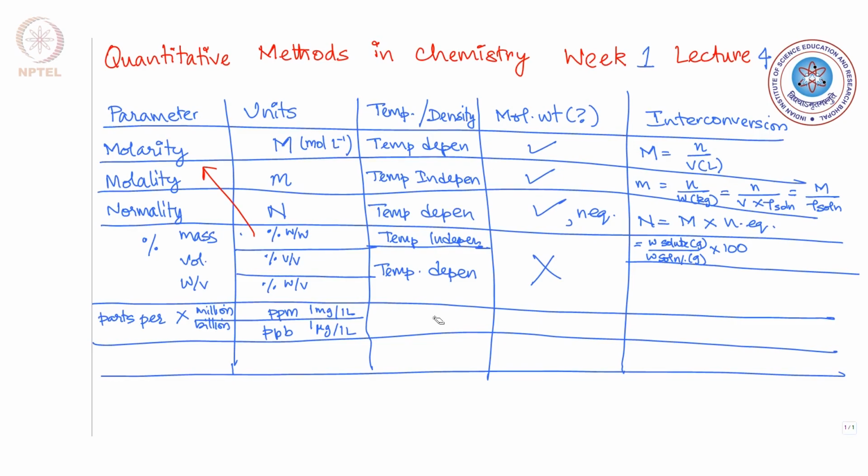In this case, it is temperature independent to start with, because you have the denominator as the mass of the solution, but however, that does get changed into the volume of solution. So, the temperature dependence here depends upon the denominator that you go. If it is volume, it is going to be dependent. You do not need the knowledge of what is the molecular weight, and of course, this once again goes very close to weight by weight type of a definition, or even weight by volume. So, the conversion would go in such a fashion.